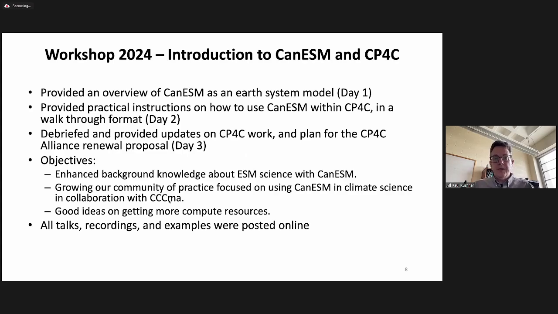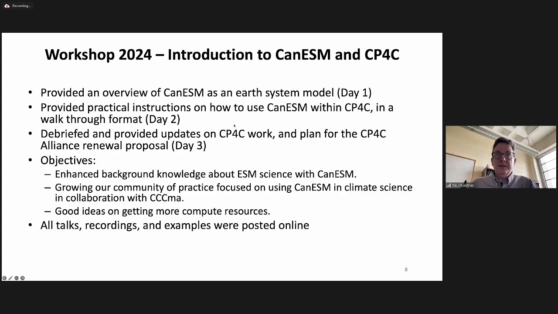Our workshop in 2024, looking at the time here, it looks like I have about a couple minutes left. Our workshop was really great, actually. We had a 3-day workshop online, which included people gathered in in-person clusters at several universities like U of T, McGill, Dal, Saskatchewan, and I think there was a group out at UVic as well.